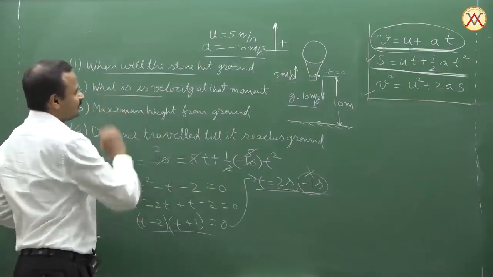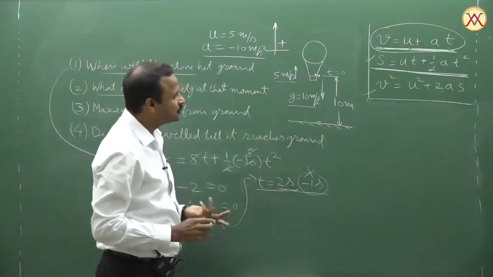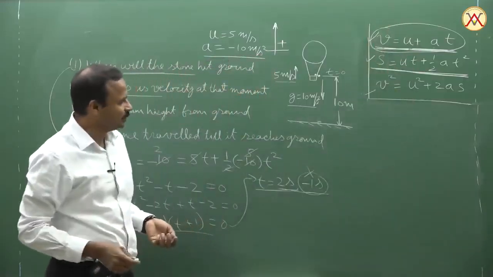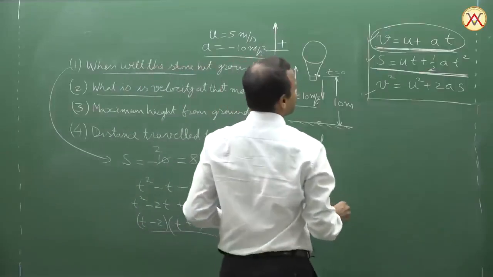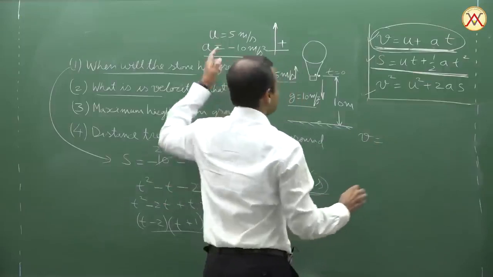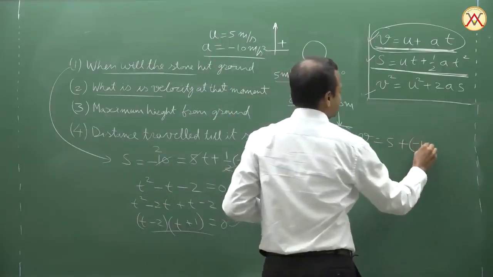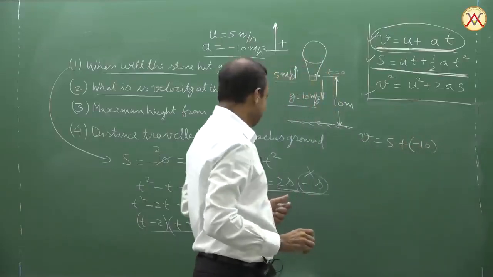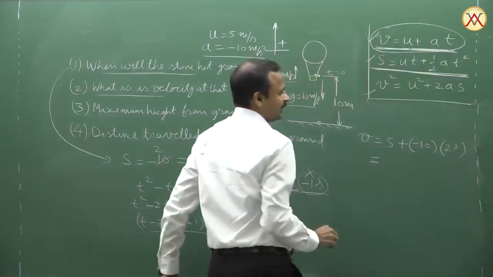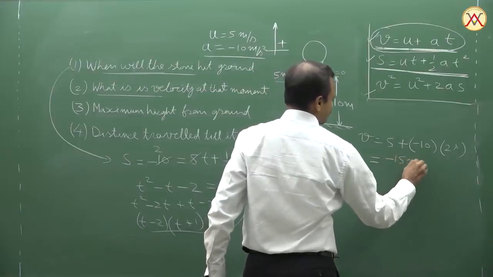Now second part, what is the velocity at that moment? You can use equation number 1 now that we know the time also. So for the second part you can say v is equal to u plus at. u is 5, a is minus 10 and time is 2 seconds. So it becomes 5 minus 20, that is minus 15 meters per second.